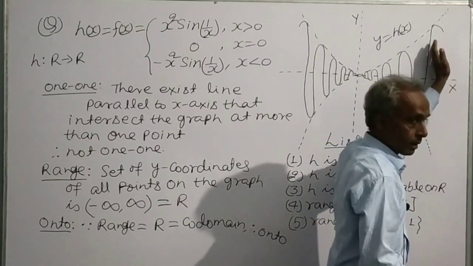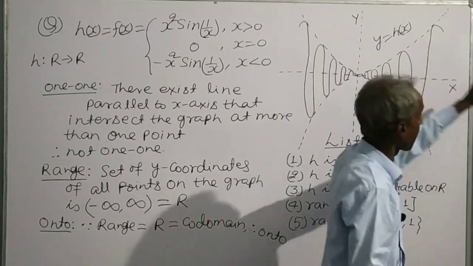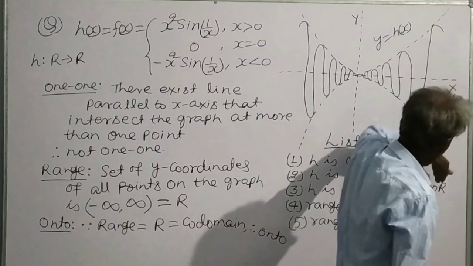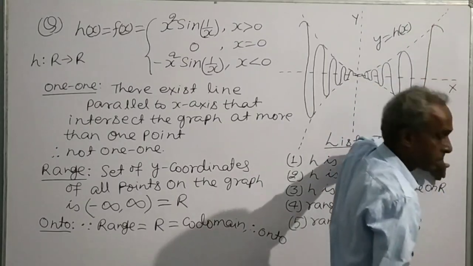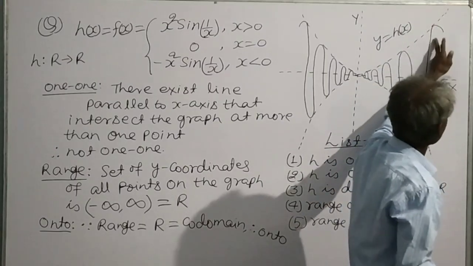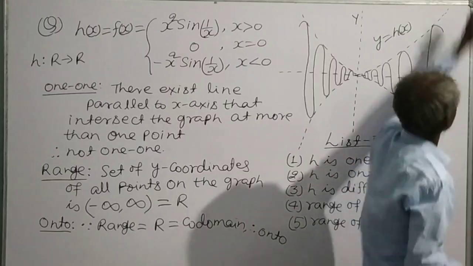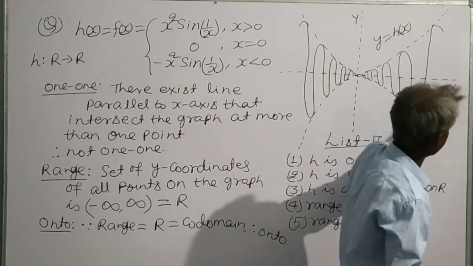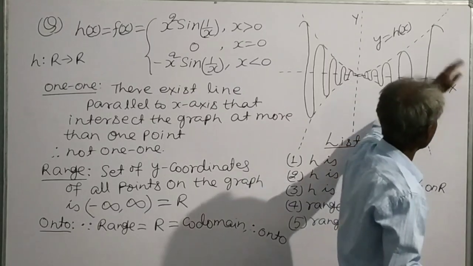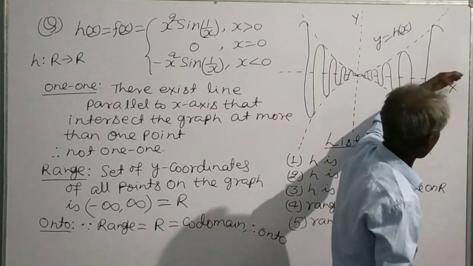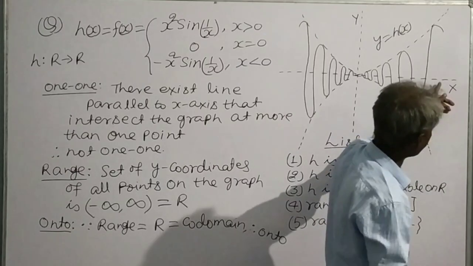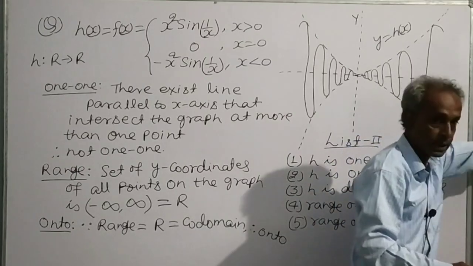When this curve moves to the right-hand side, it moves more above and more below. The height of this curve tends to plus infinity as x tends to infinity. Also, the minimum height tends to minus infinity when x tends to infinity.